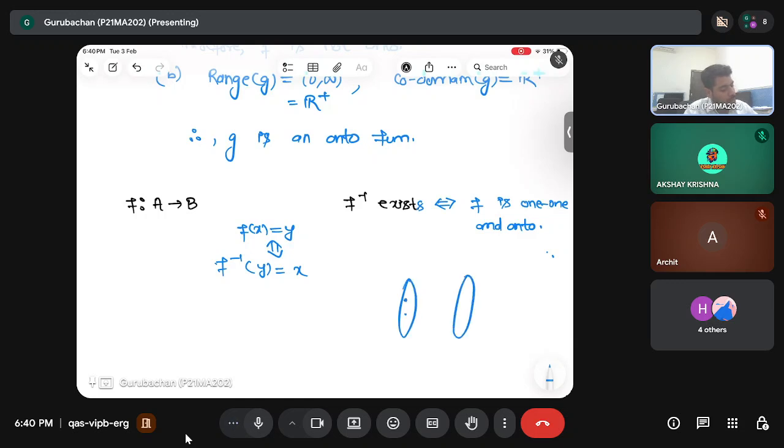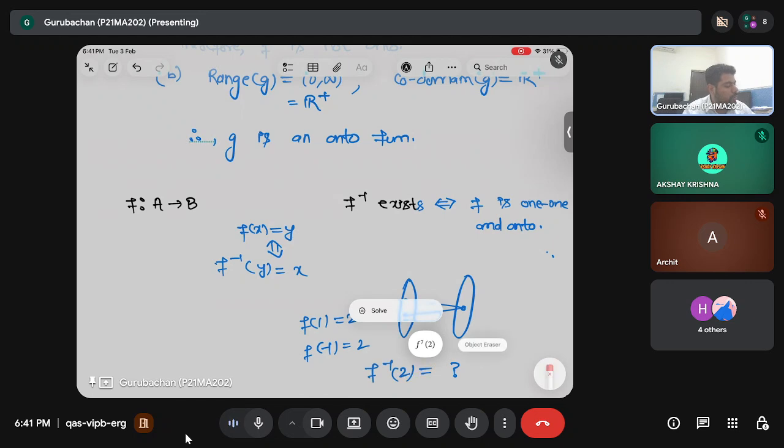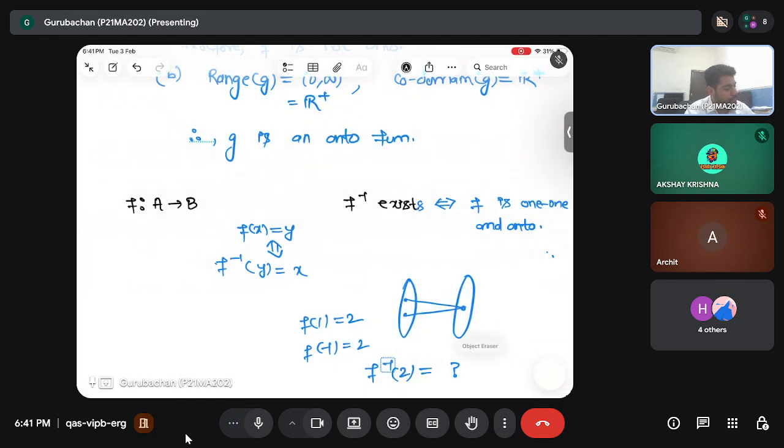Suppose there are two numbers here which have the same image. Suppose f of 1 is 2, f of minus 1 is also 2. When you talk about f inverse of 2, then it will be what? 1 or minus 1? Can you guarantee about it?